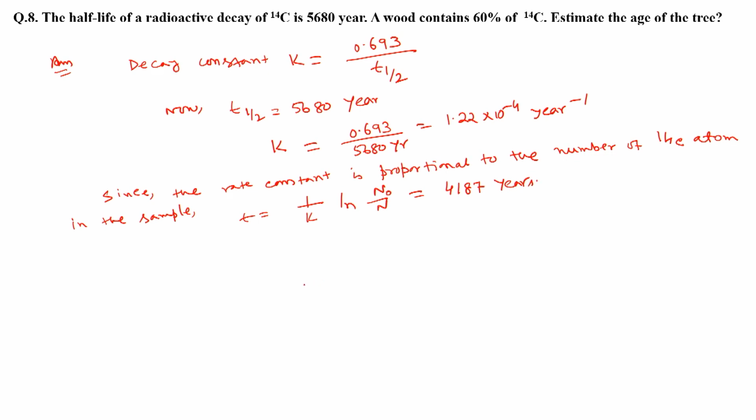Again, this is a first order reaction, so it follows like that. So the age of the tree is 4187 years. We had started with 100, then we have 60% carbon. If we substitute those values for N naught and N, we end up with 4187 years.